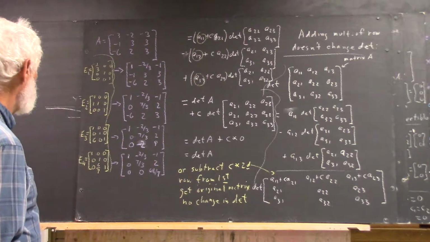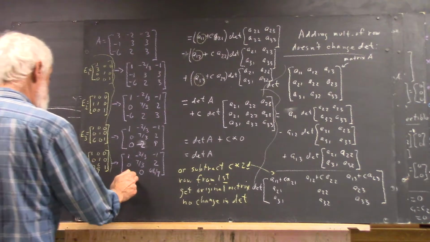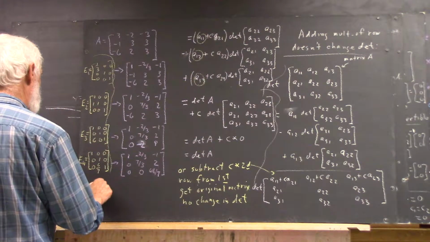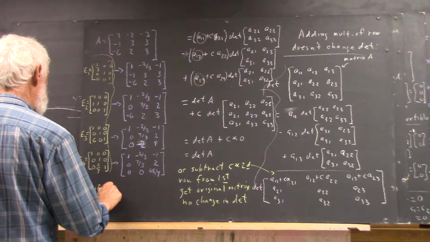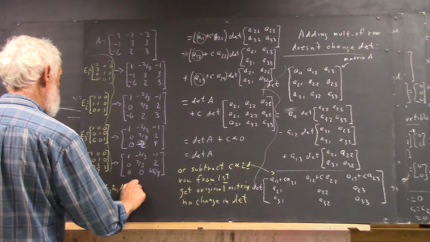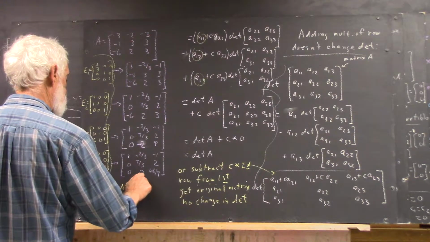matrices, and now we can see that this matrix here is E4 times E3 times E2 times E1 times A equals the upper triangular matrix, which is this one.